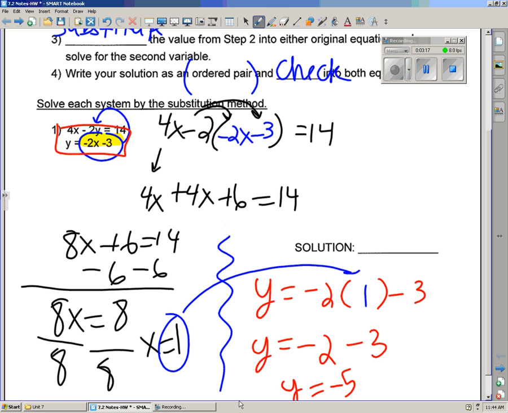So my solution says when x is 1, y is -5. And when I put that solution into both equations, I get true statements. For example, the first equation, 4x minus 2y: 4 times 1 is 4, -2 times -5 is positive 10, and 4 plus 10 is 14. And the bottom equation: -2 times 1 is -2, and -2 minus 3 is -5.